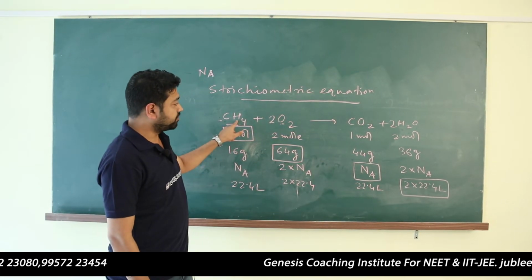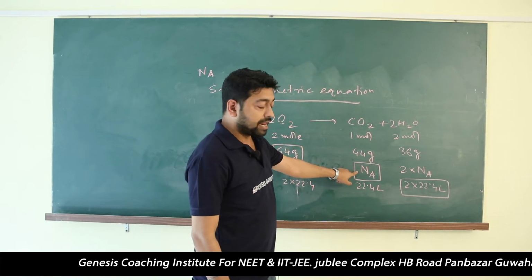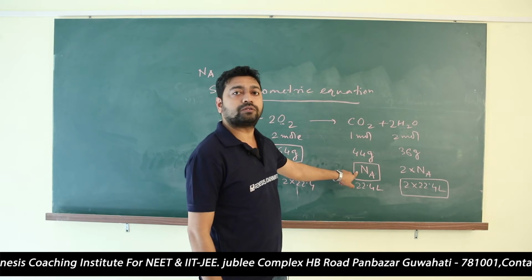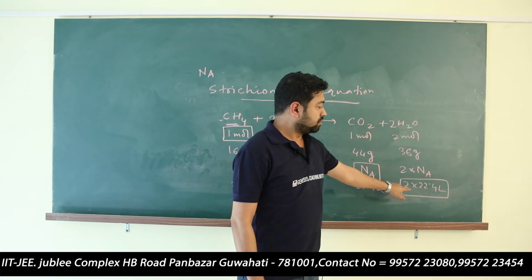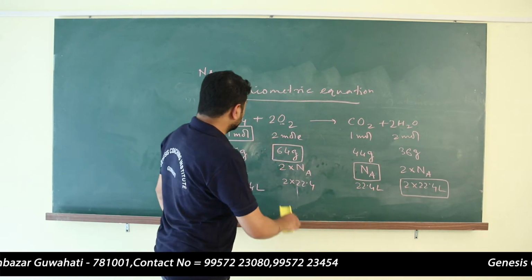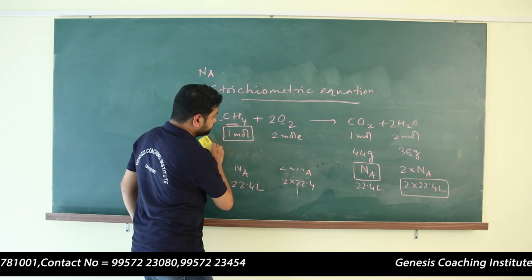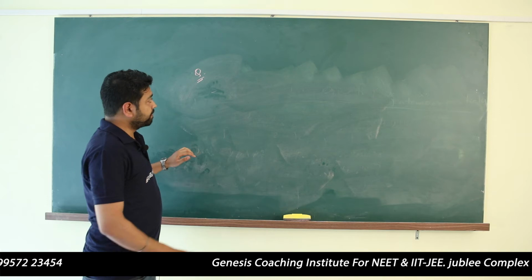1 mole of CH4 reacts with 64 gram of O2 to give Na, means 6.02 into 10 to the power 23 number of carbon dioxide molecules, and 44.8 liter of H2O. Same equation. So now we are going to do one numerical.